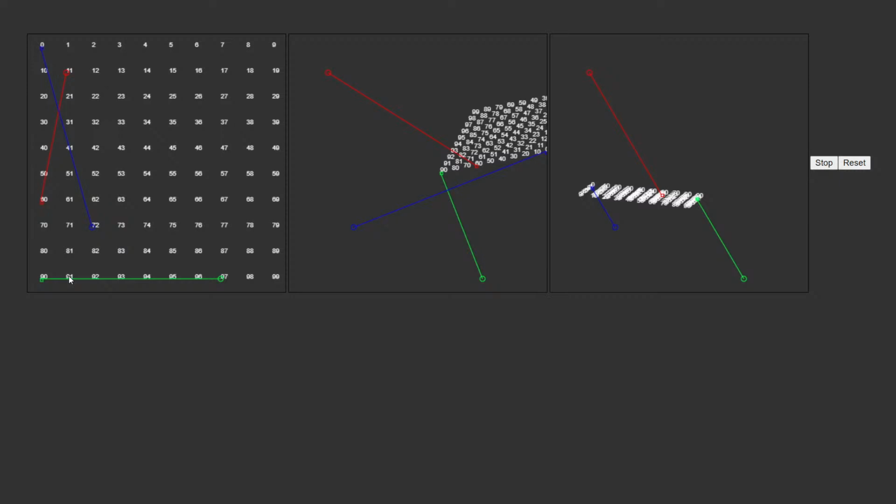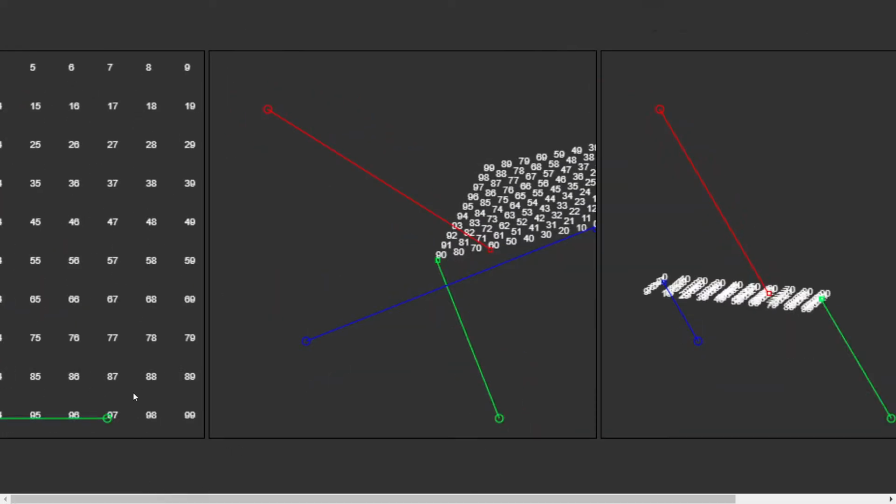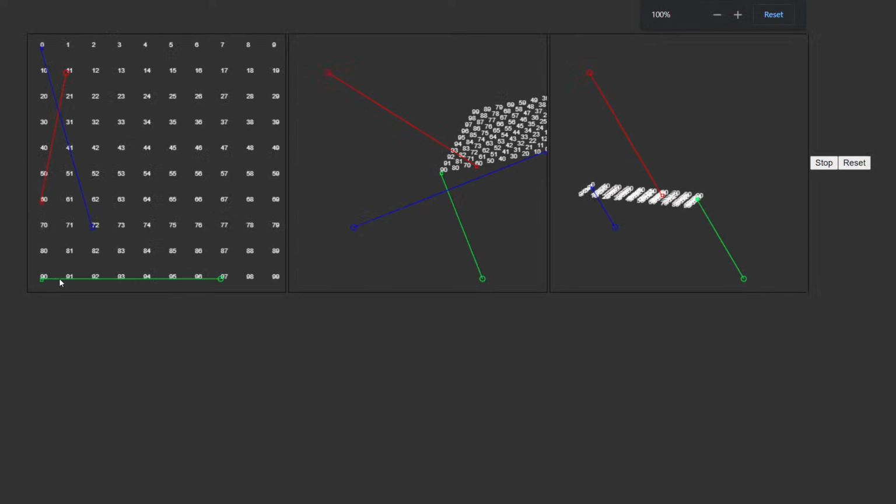So how does the point at 90 violate? What is it violating that the point at 91 is not violating?